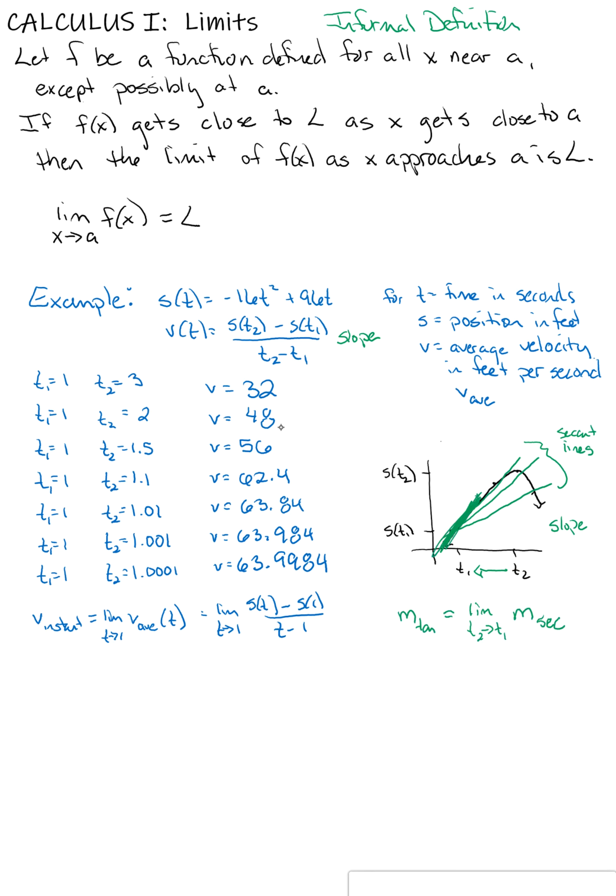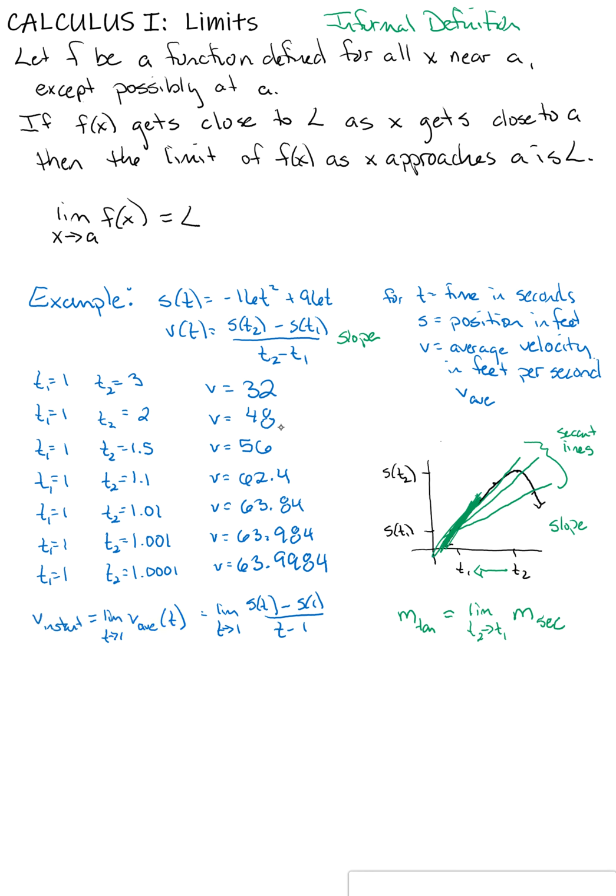In general terms, not just looking at slopes, that's saying that the instantaneous velocity is the limit of the average velocity. In this particular instance, our t is approaching 1.